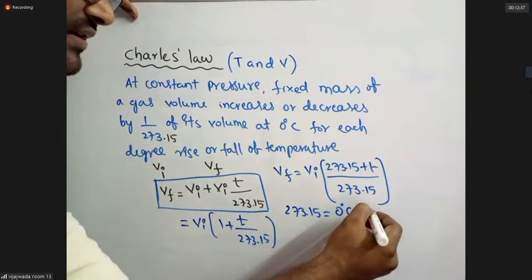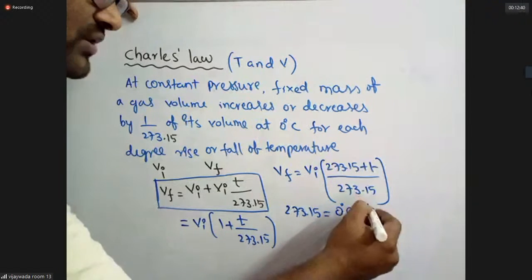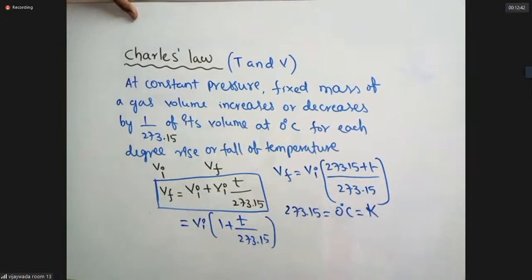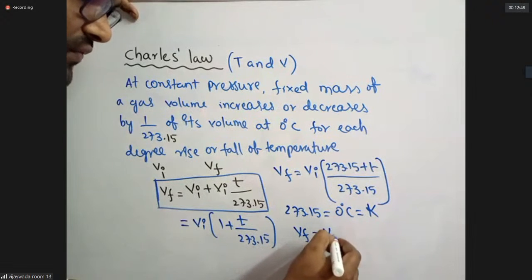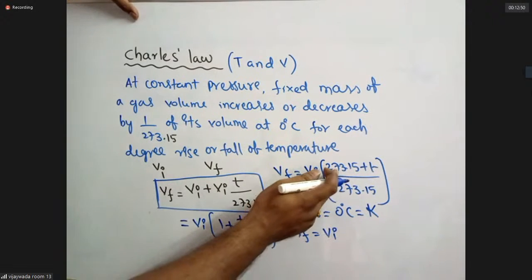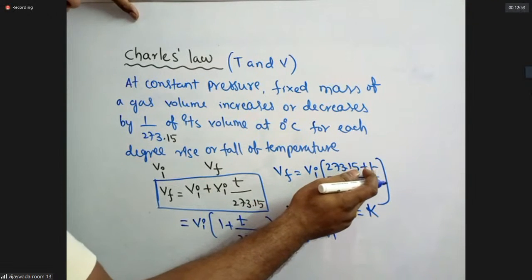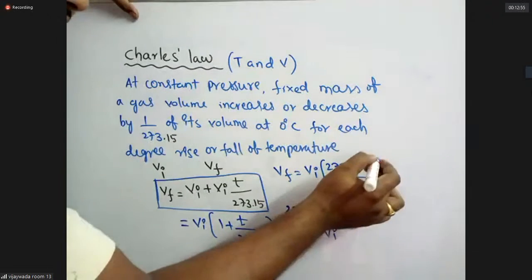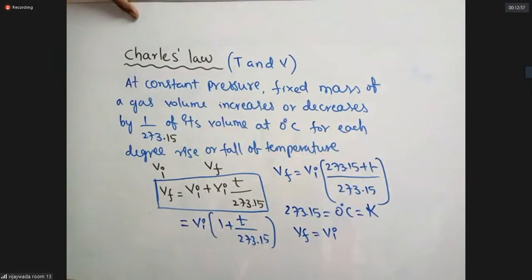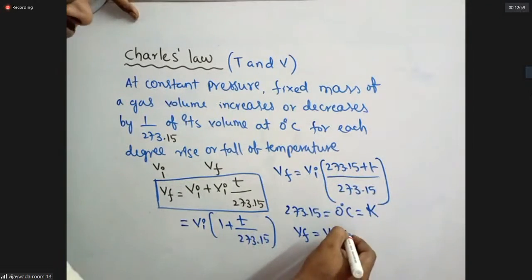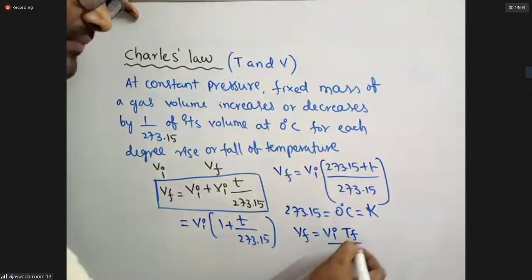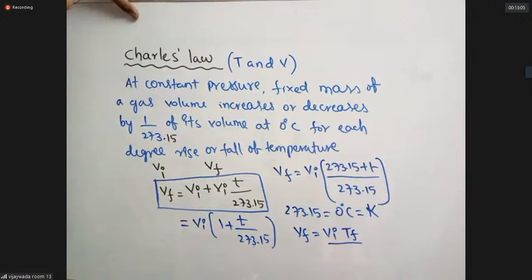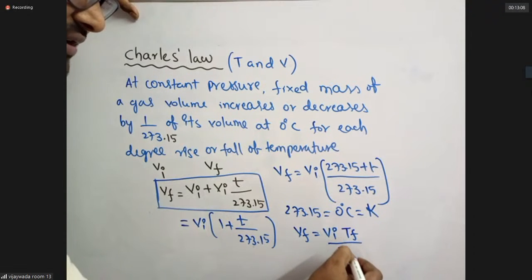This 273, he introduced a new scale, that is Kelvin, K. Okay, so V final equal to V initial, 273 plus this T in degrees Celsius, so Kelvin, plus this one new temperature, that is T final, by 273.15, it is the temperature initial.